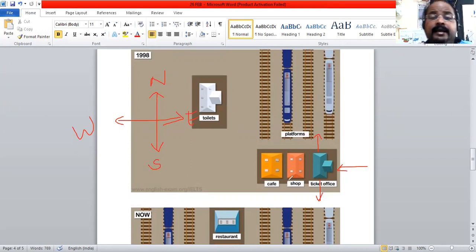You can use direction vocabulary, like the same side, on the other side, on the opposite side, adjacent, near to, at the dead end. All these types of words or vocabulary which represent directions are very important in Task 1, here in case of maps especially.